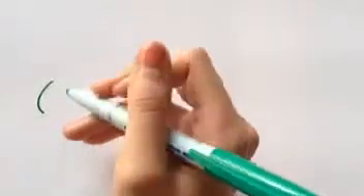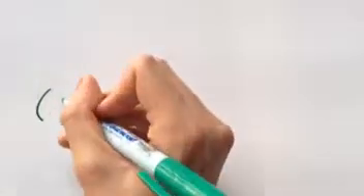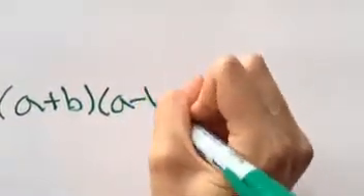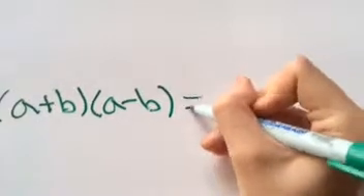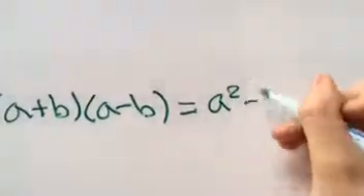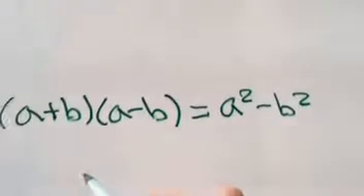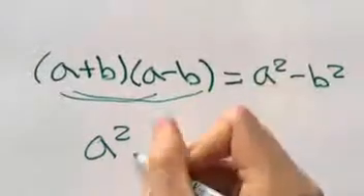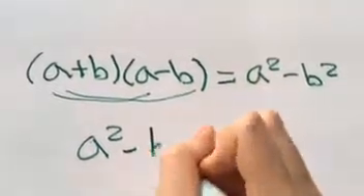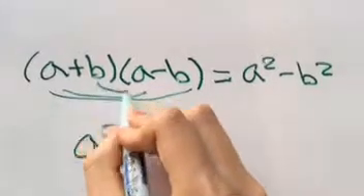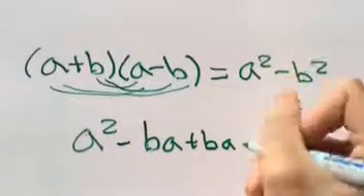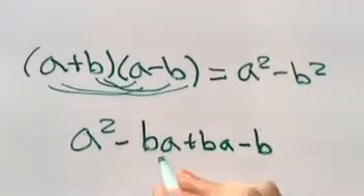Conjugates can be useful when simplifying radical expressions, but first I'll show you just how to use them. So, a plus b times its conjugate, a minus b, equals a squared minus b squared, because if you use the distributive property, a times a is a squared, a times negative b is minus ba, then b times a is plus ba, and minus b squared.